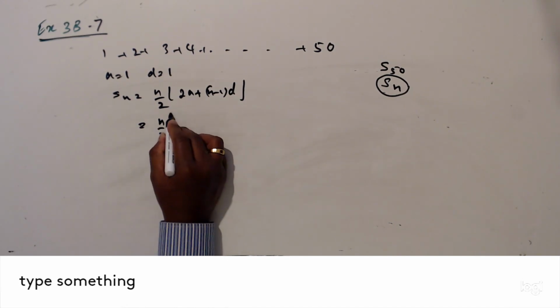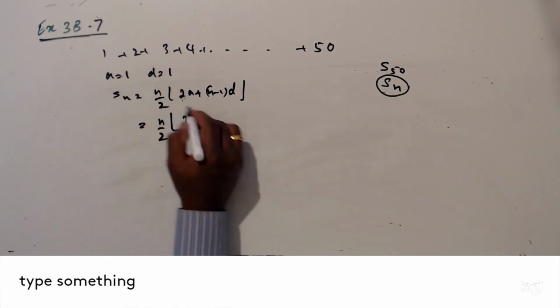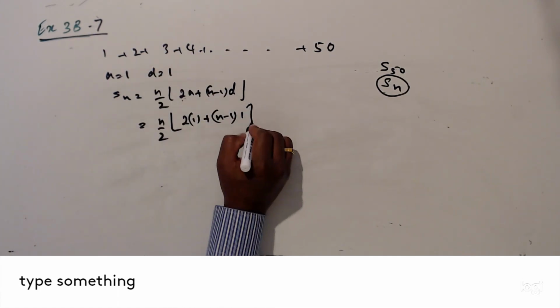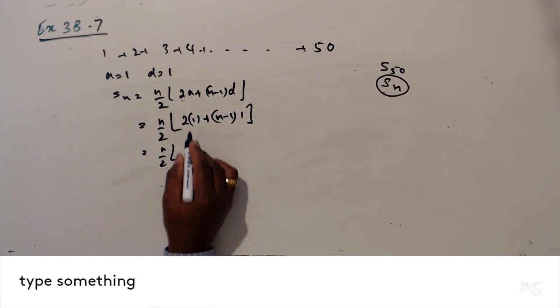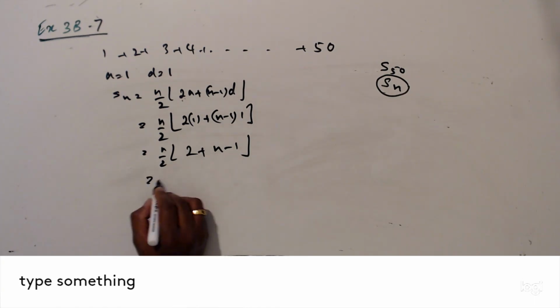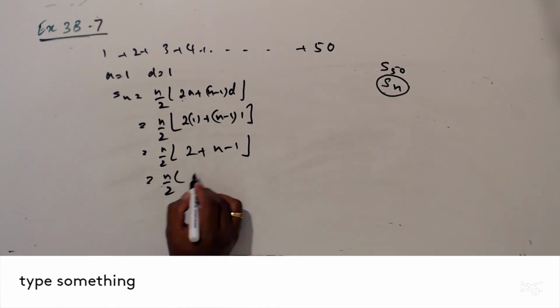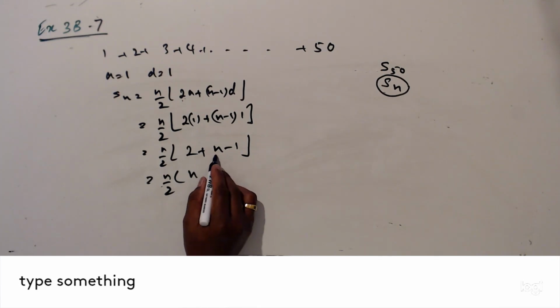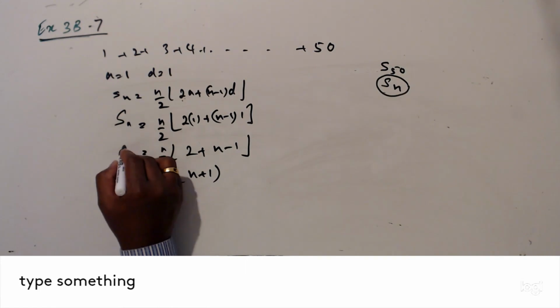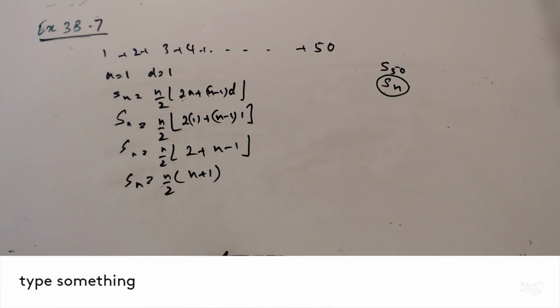So n divided by 2, 2 times a is 2, n minus 1, d is again 1. So n over 2, 2 plus, when I expand this one, n minus 1. So n over 2, this is n, and 2 minus 1 plus n. This will generalize up to this step.